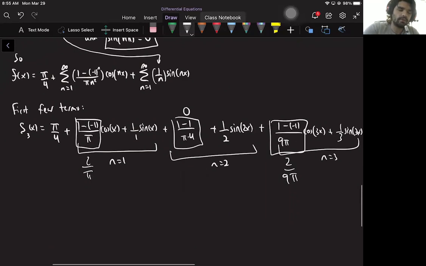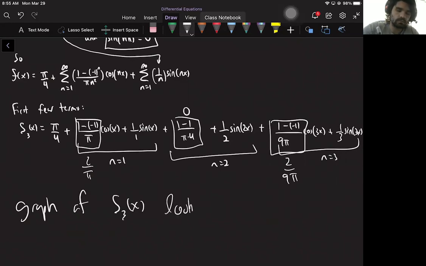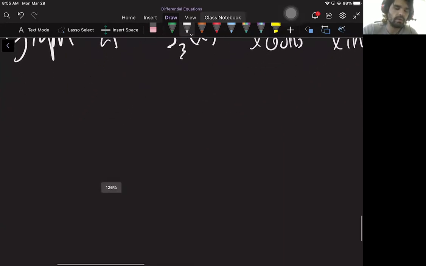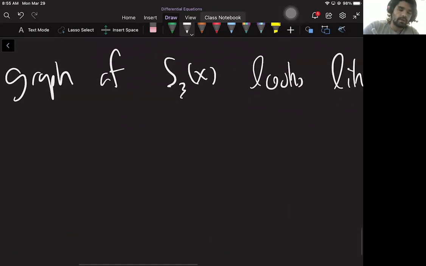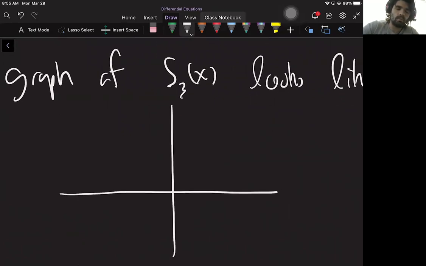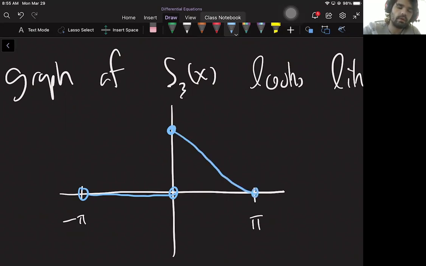But if you graph this, you'll notice something cool. I can't bring up the graph for you here, but what's going on is, if this is negative pi and this is pi, then originally our function looks like this, just like 2 straight lines like that.